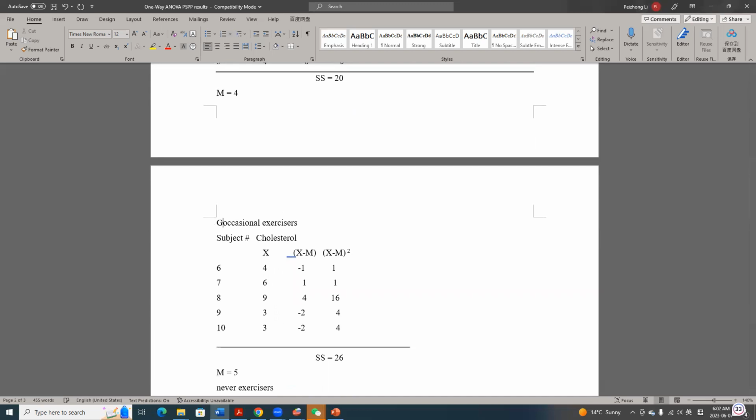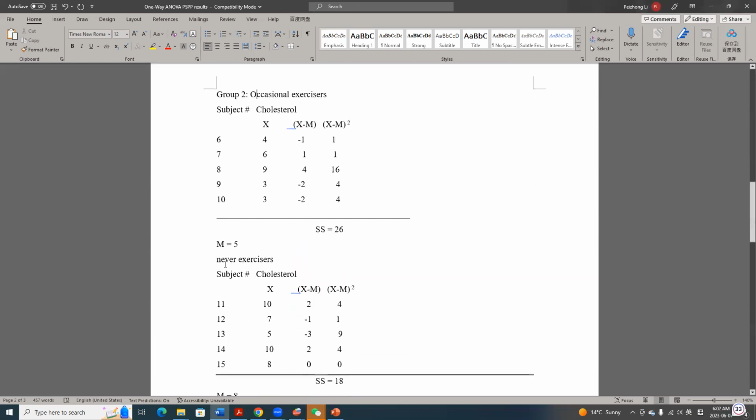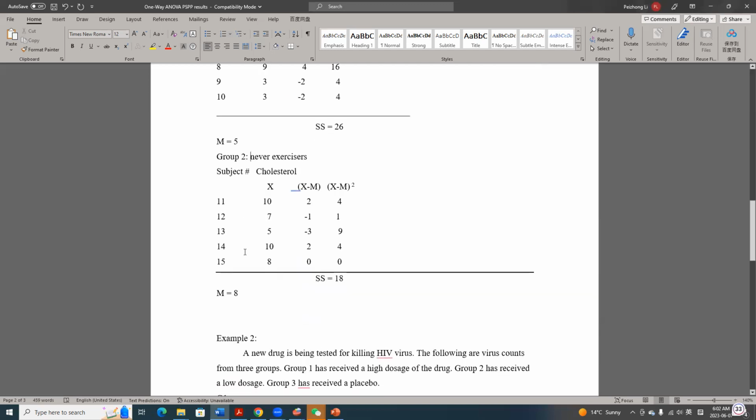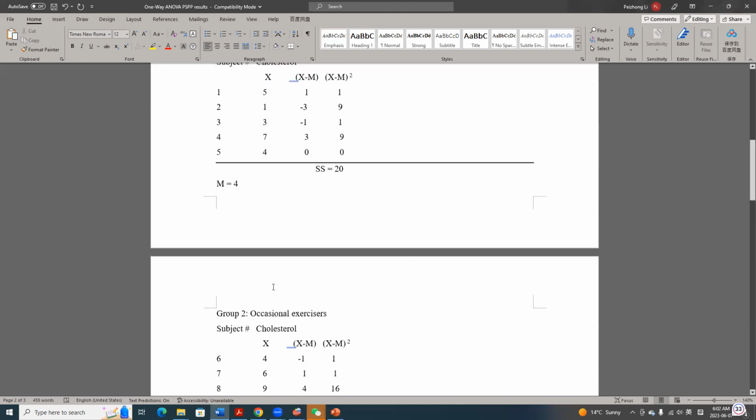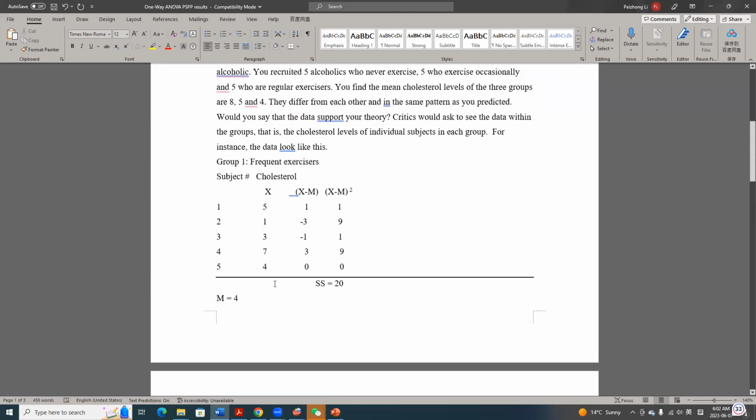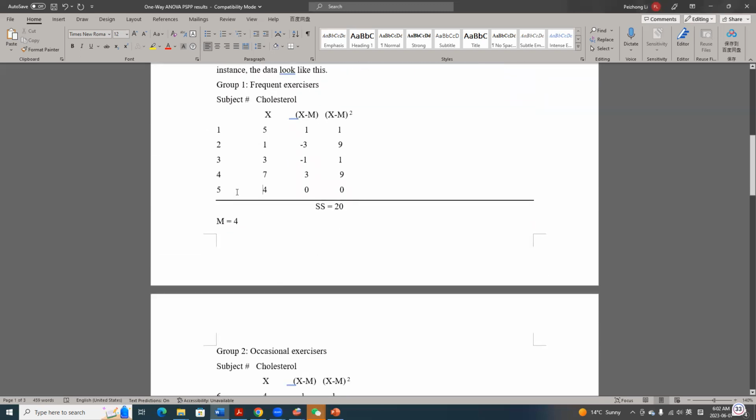Group two, occasional exercisers. Group three, they never exercise. Altogether, we have 15 people divided in 3 groups. Each group has 5 subjects, and you measure each person's cholesterol level.